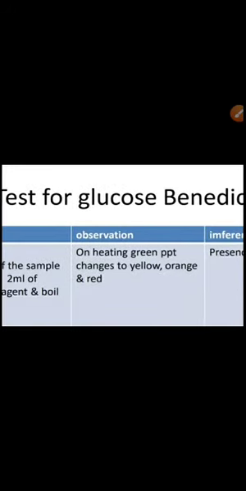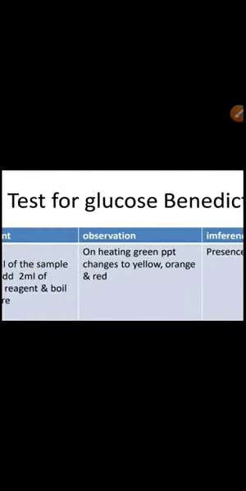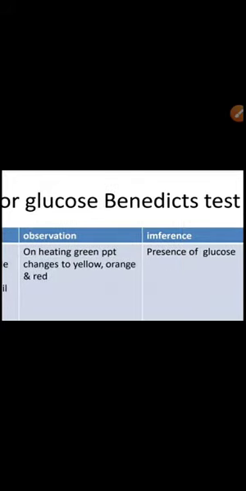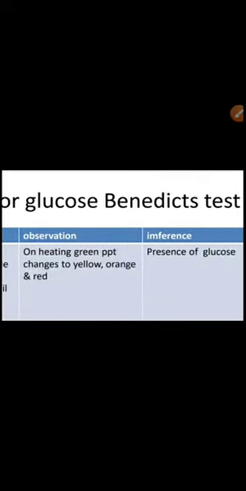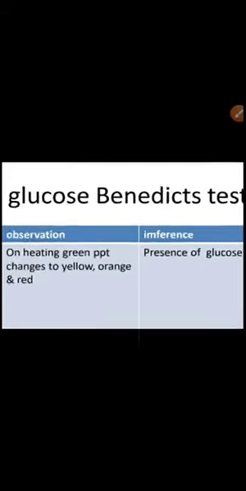Then which test have you done for detecting glucose? Benedict's test. And which is the reagent used for glucose test? Benedict's reagent. What is the observation in Benedict's test? If glucose is present, the solution changes into orange, yellow, or red.